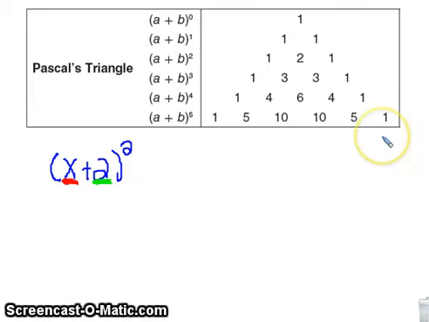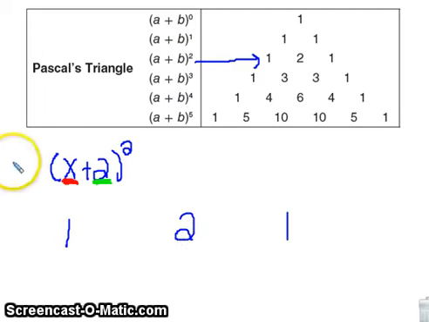In order for you to see how the triangle works, I understand that FOILing is an easier process for some. But in order for you to understand how the triangle works, we are going to say that we are at a plus b squared. Our coefficients that we need to use for a plus b squared are 1, 2, 1.